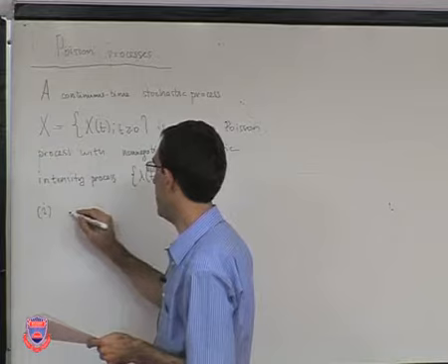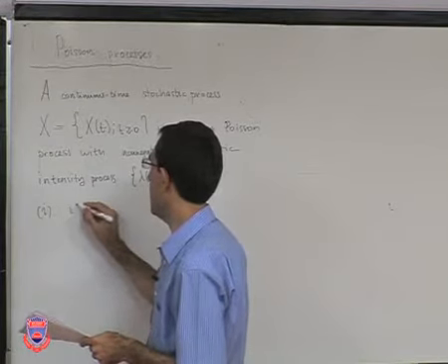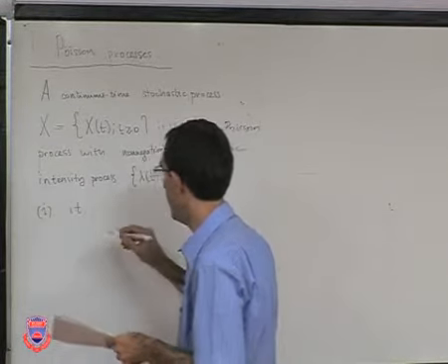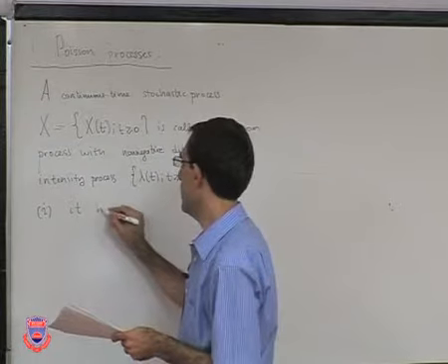The first one says that process X must have independent increments.